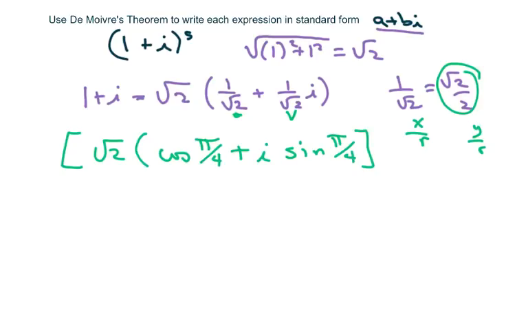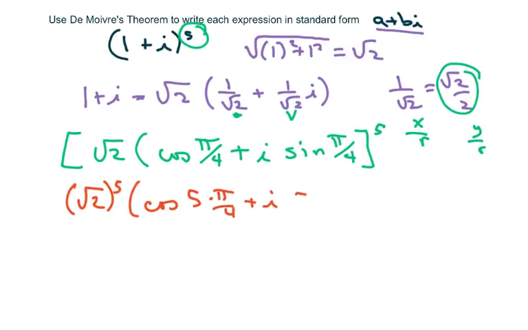Now, we know all of this is to the what power? The fifth. So what we're going to do is multiply everything by the fifth. So it's going to be square root of 2 to the fifth times cosine of 5 times pi over 4 plus i times sine of 5 pi over 4. I'll just put it all in one line.